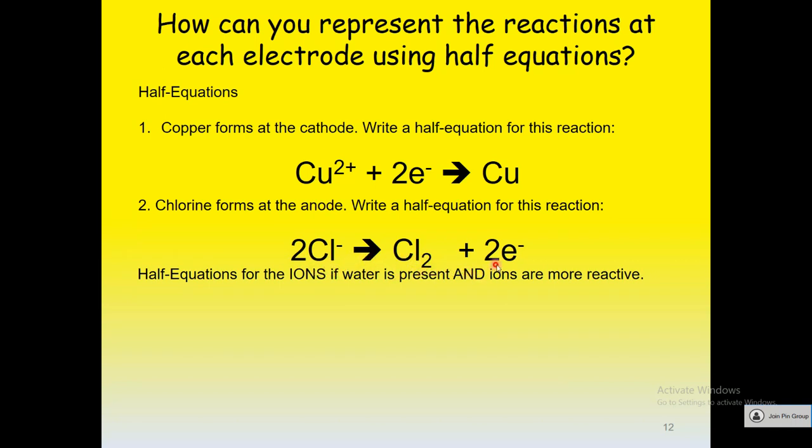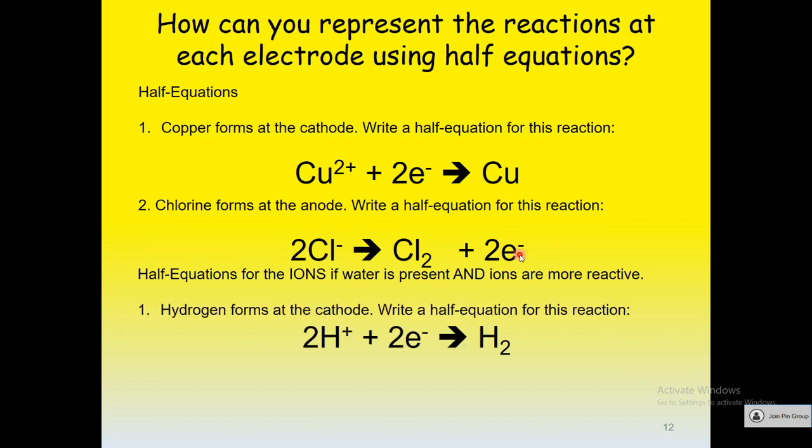And we'll notice here that the charge balances in these equations as well as the number of atoms. So we have 2 chlorines on this side, 2 chlorines on this side, 2 negative charges here, 2 negative charges here. If we've got water present, we might have hydrogen forming at the cathode.